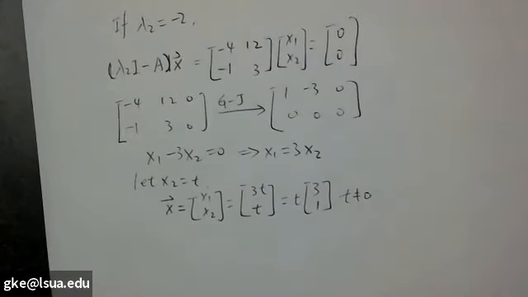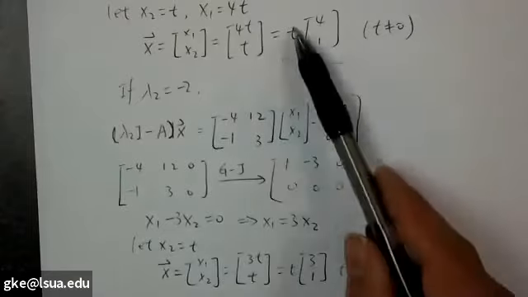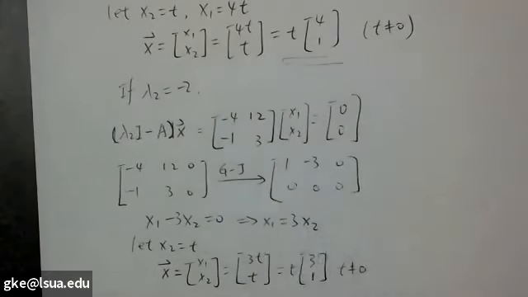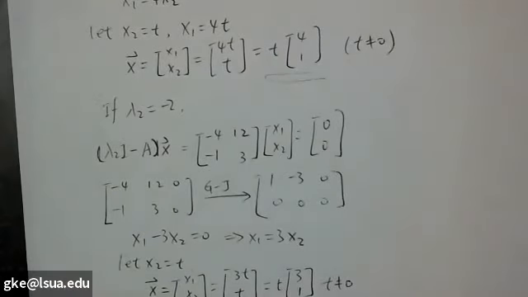Okay, so here we just have one parameter. We can see here for the eigenvector, we have just one parameter. So we can say the dimension of the eigenspace is 1.